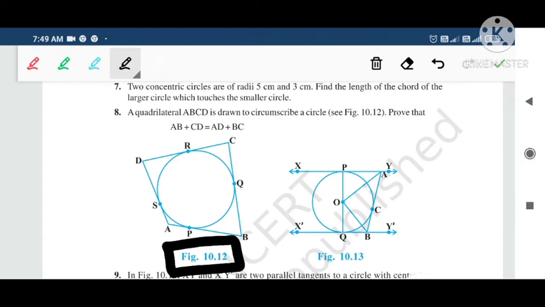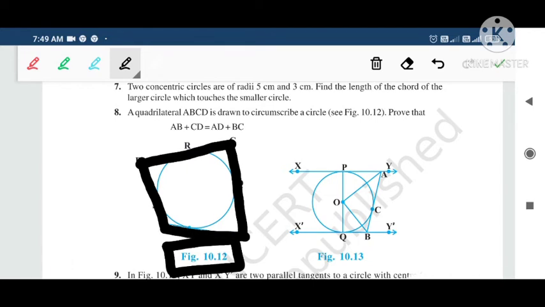We need to prove that, for the quadrilateral ABCD circumscribed about the circle, the sum of one pair of opposite sides equals the sum of the other pair. Okay, now we move on to the solution.